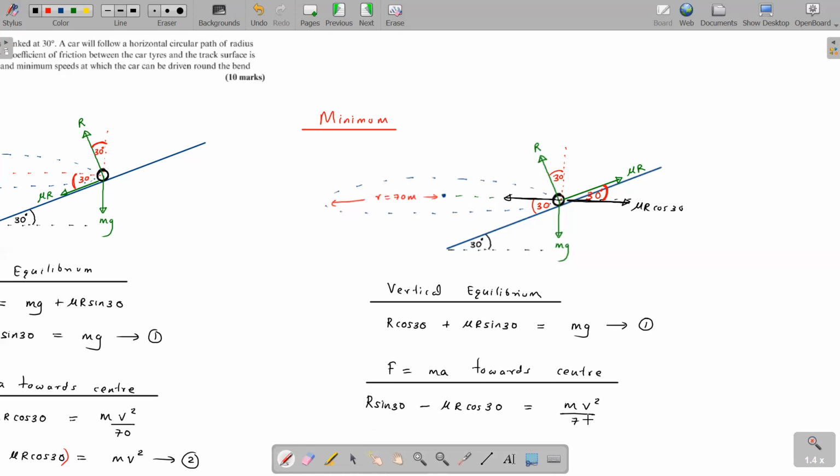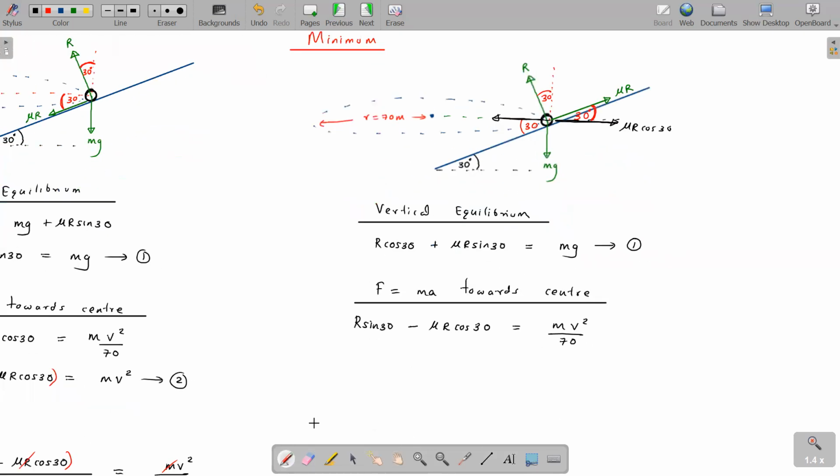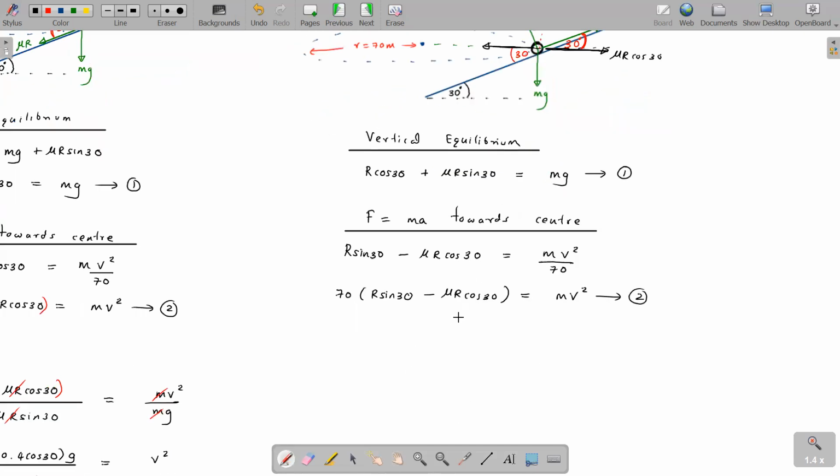Radius is 70. Taking the 70 to the other side, let's not make the same mistake as previous. 70 times R sine 30, I use the bracket now, okay, minus mu R cos 30 equals mv square. Second equation, and we can divide. So equation 2 you can divide by the first equation.